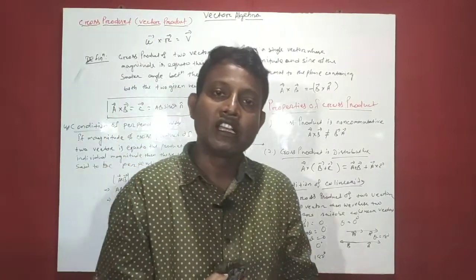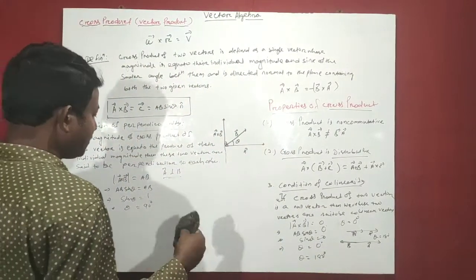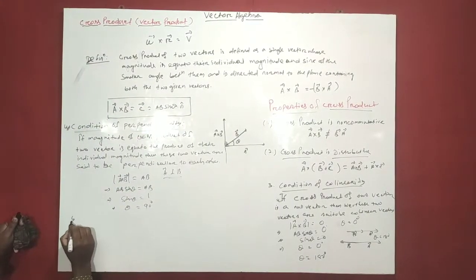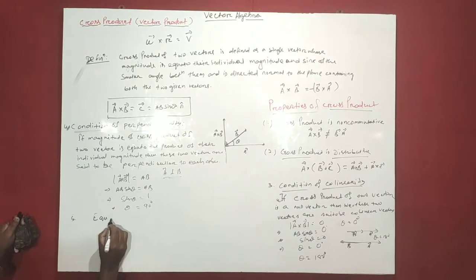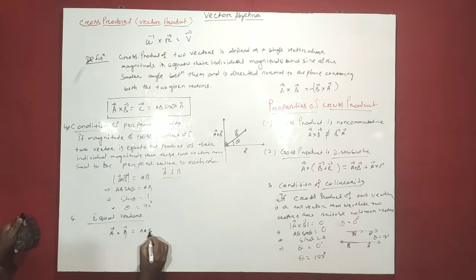Let me discuss first the equal vector. Cross product of equal vectors, let A cross A. A cross A is equal to AA sin theta, that is A square sin theta.